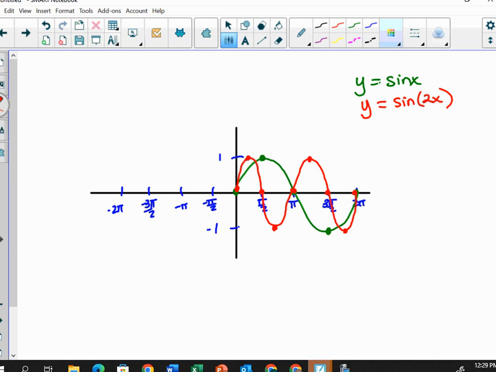What if it said sine of 3x? It'd be like this crazy up and down even faster. What if it said sine of 1/4 x? There'd be 2 in between. You'd see only this much of the graph by the time you got to 2 pi. So it tells you how many cycles of the graph you're going to see. Relabeling the x-axis the way we do is so that we can graph and see one, technically two, because we do positive and negative, full cycle of the graph. Does that help a little bit to visually see what that's doing?